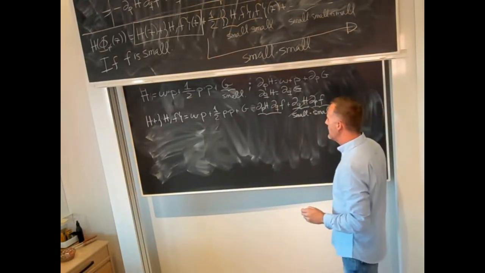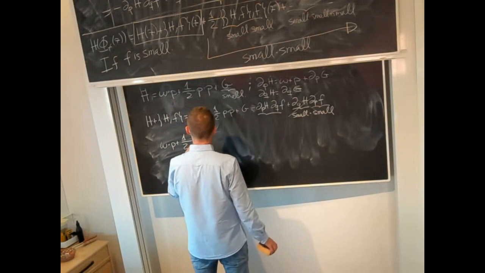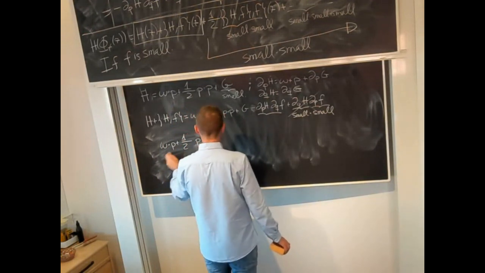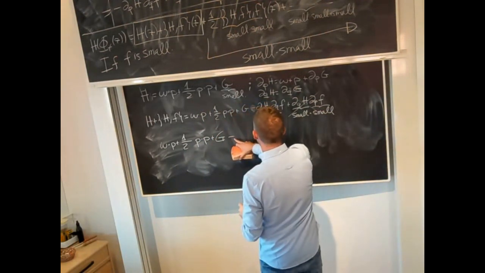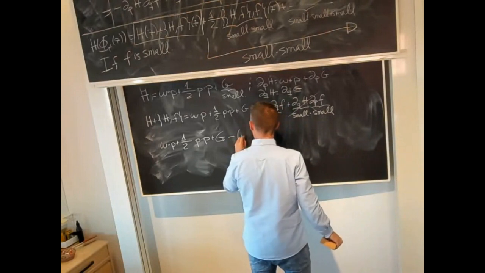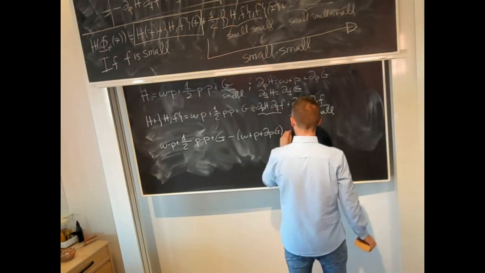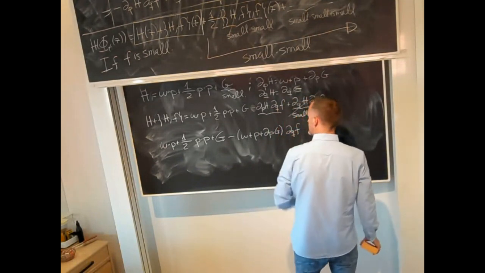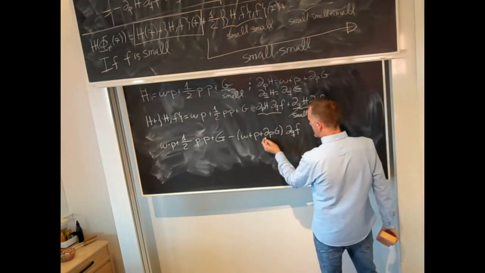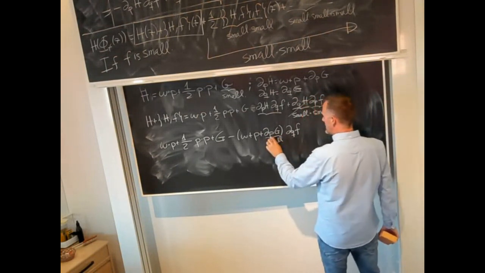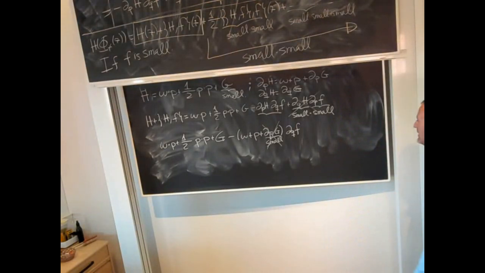What we get is the desired Hamiltonian, plus g minus the partial derivative with respect to p of h, that is omega plus p plus dp g, times the partial derivative with respect to q of f. Now, again, this is small, this is small, so this term does not contribute.